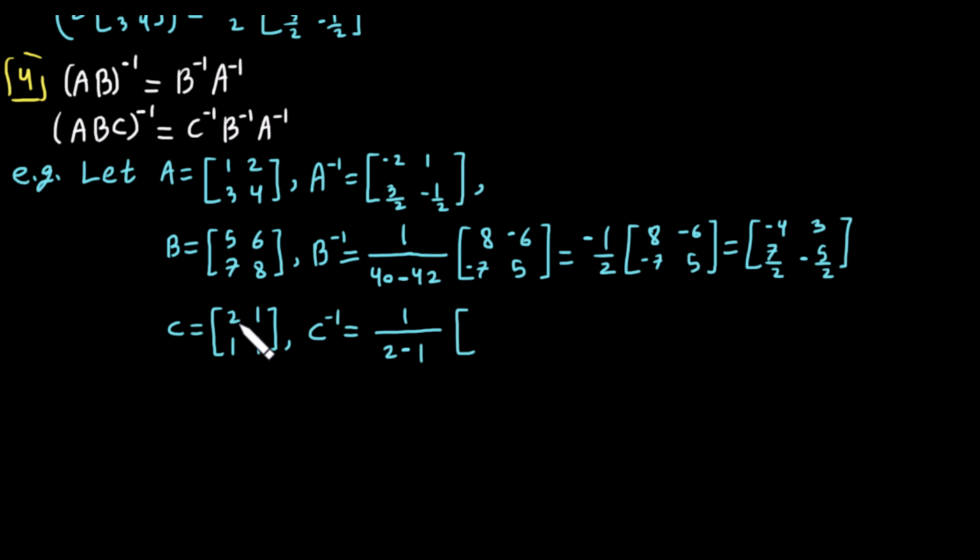I have to swap these two elements. So here it will be 1, 2, -1 here, and here -1. I will put just the sign here. 2 minus 1, which is 1. So I will write here 1, so no need to write it, and it will be the same as this.